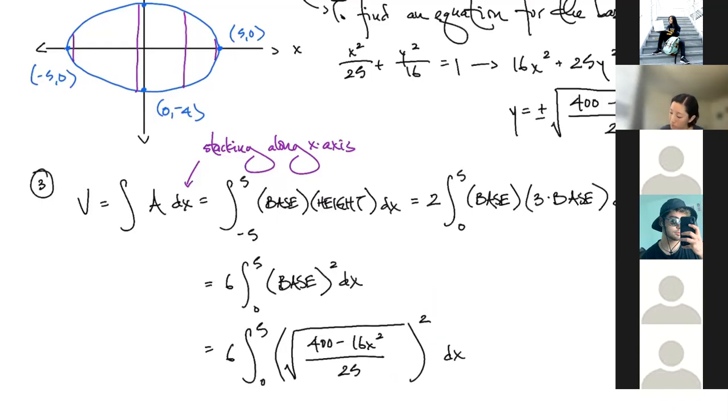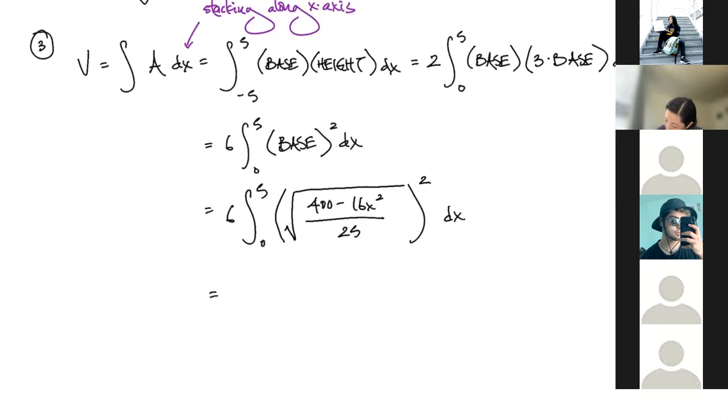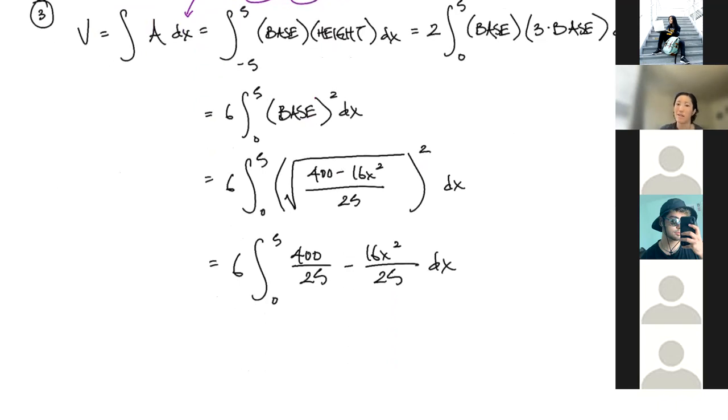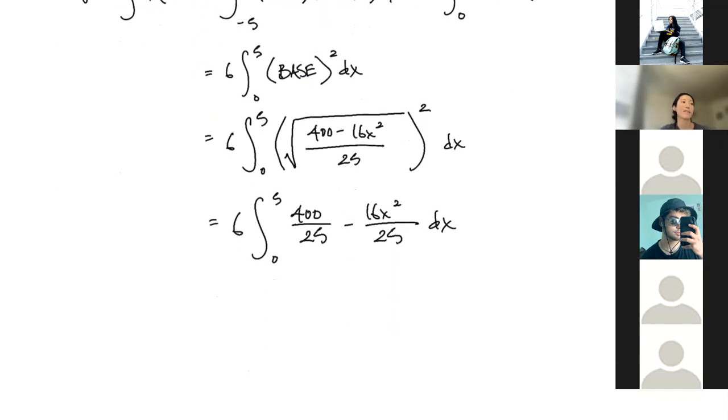Okay. So what do we have? 6 times the integral from 0 to 5 of 400 over 25 minus 16x squared over 25 dx. All right. You can simplify that, work through your integral, but you should end up with a very large number for the volume of this shape.